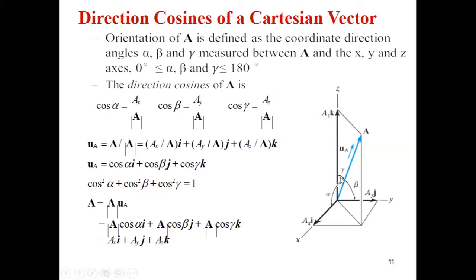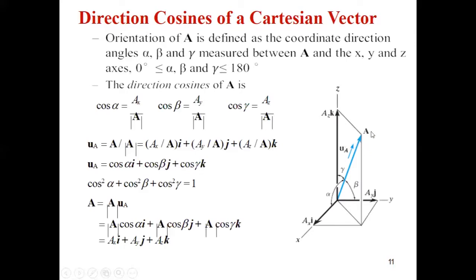So if we want to find a unit vector, what is a unit vector? A vector whose magnitude is 1 and direction is in a particular direction. For example, what is the unit vector of A? A vector whose magnitude is 1, denoted by UA, for example, like this, and the direction along the direction of the vector A. How can we get the unit vector?